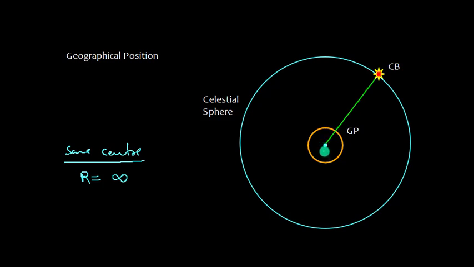If I join a line from the center of Earth to the celestial body, it is going to meet the surface of Earth at some point. So, whatever is the position of the celestial body in the sky, you can have an equivalent position of the celestial body on the surface of Earth, and that is called geographical position. There are various methods to locate this geographical position in terms of latitude and longitude.